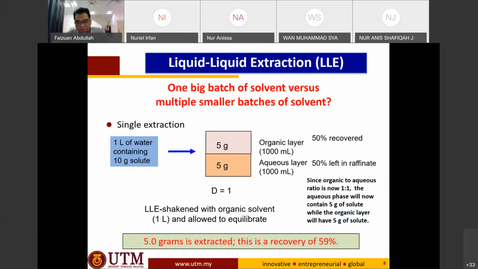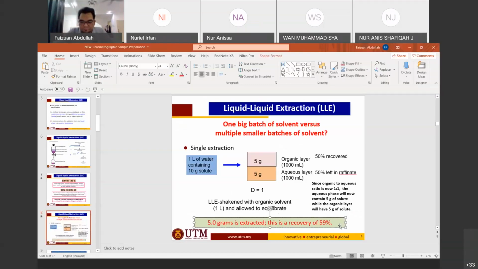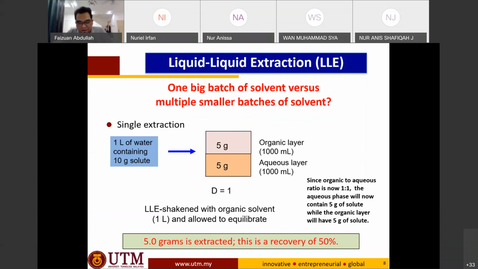I'm sorry here. There's an error in the slide actually. 5 gram from 10 gram is only 50%. So the first one is less than the second one.